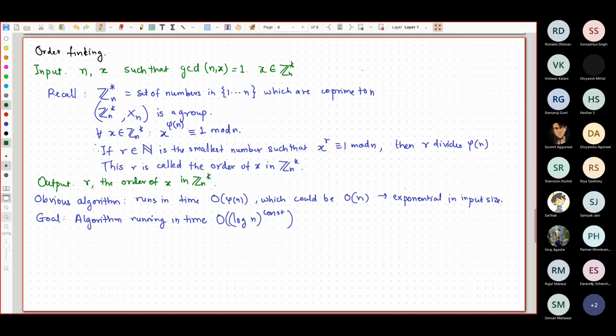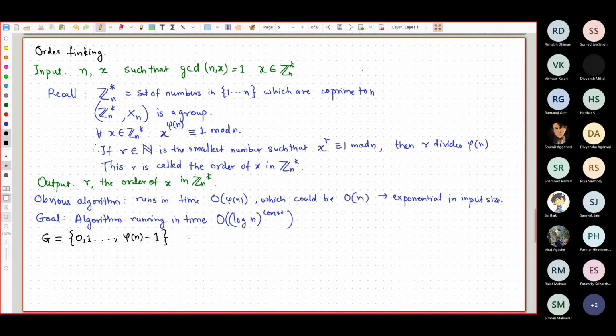Yeah, so I'll use the notation we used earlier. We'll use G to be the set of integers modulo phi n. So G is really the set 0, 1 through phi of n minus 1, right?